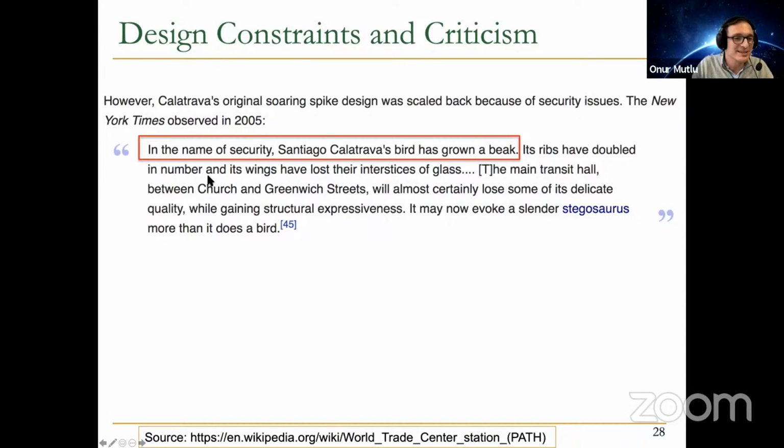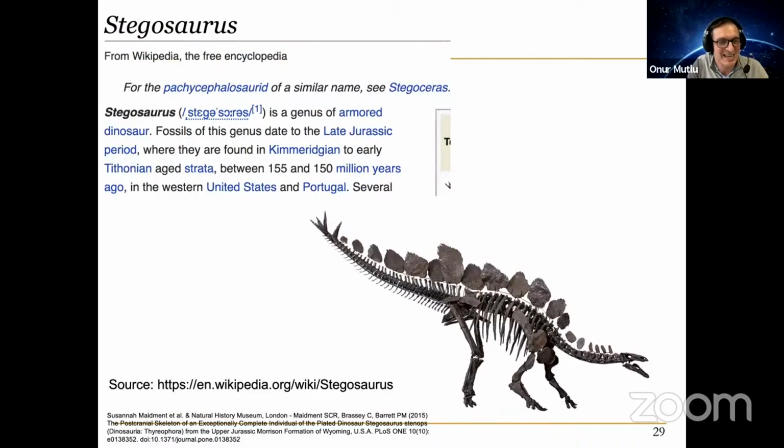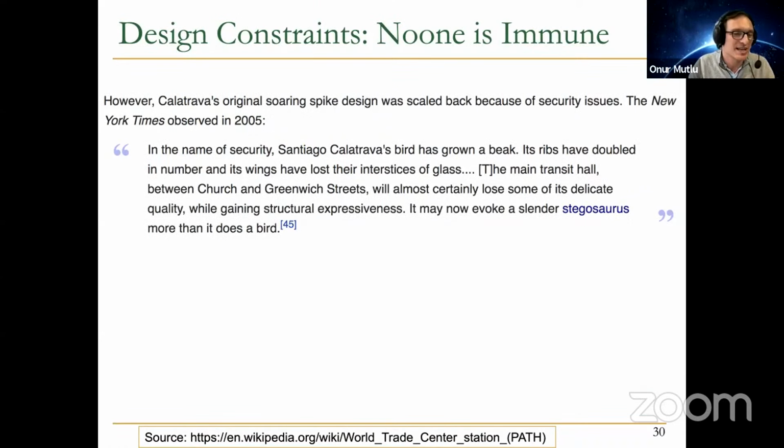Its ribs have doubled in number, and its wings have lost their interstices of glass, etc. It may now evoke a slender stegosaurus more than it does a bird. So this is a nice criticism, let's say. And this is, for your information, what a stegosaurus looks like, as opposed to the bird that some of you mentioned. So no one is immune to these sorts of design constraints.